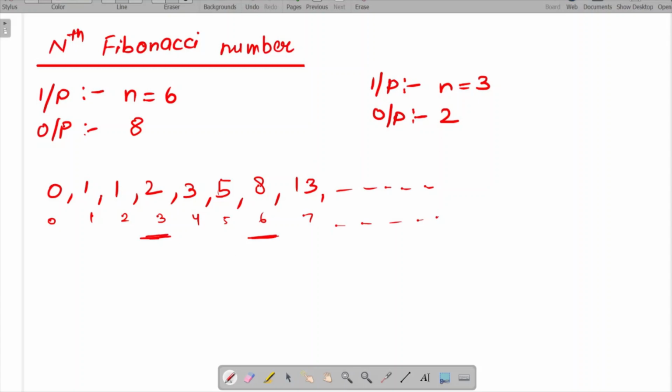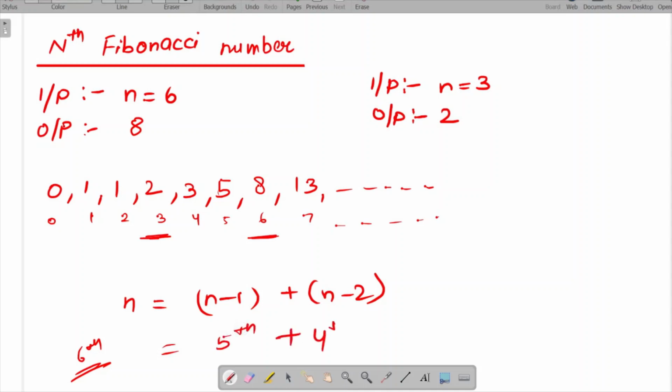So if you have understood, the concept of solving a Fibonacci series is something like this. For a value n, we simply do n minus 1 plus n minus 2. If we have to find the value at the nth position, for the sixth position we simply sum the values at the fifth and the fourth position.